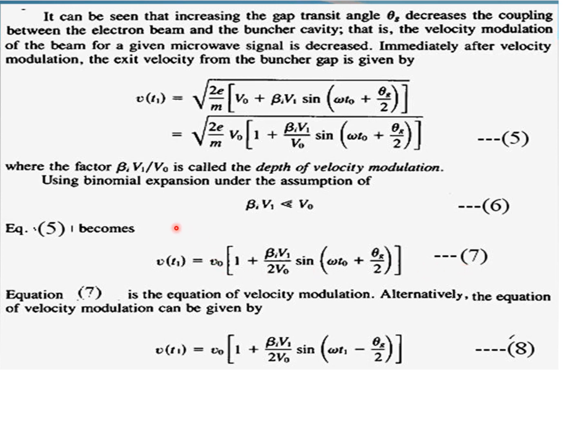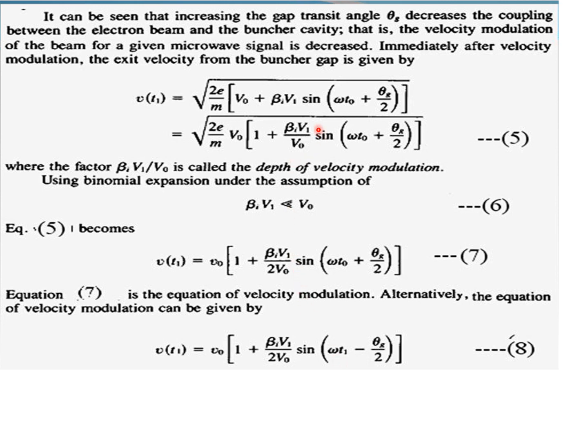Now here we have written the velocity modulation equation in terms of t0, that is, the time at which the electrons are entering the Buncher cavity. Alternatively, the equation of velocity modulation can also be given as such. That is, we have written it in terms of time t1, the time at which electrons are going to leave the Buncher cavity.